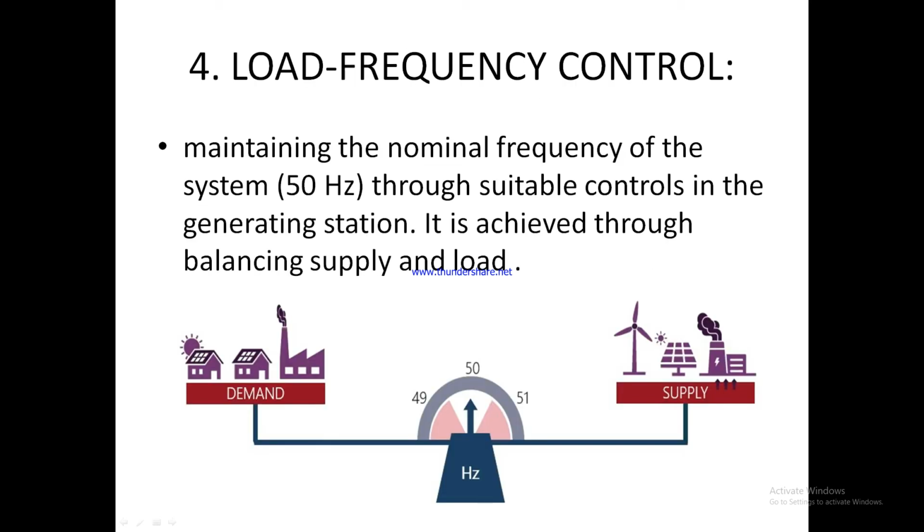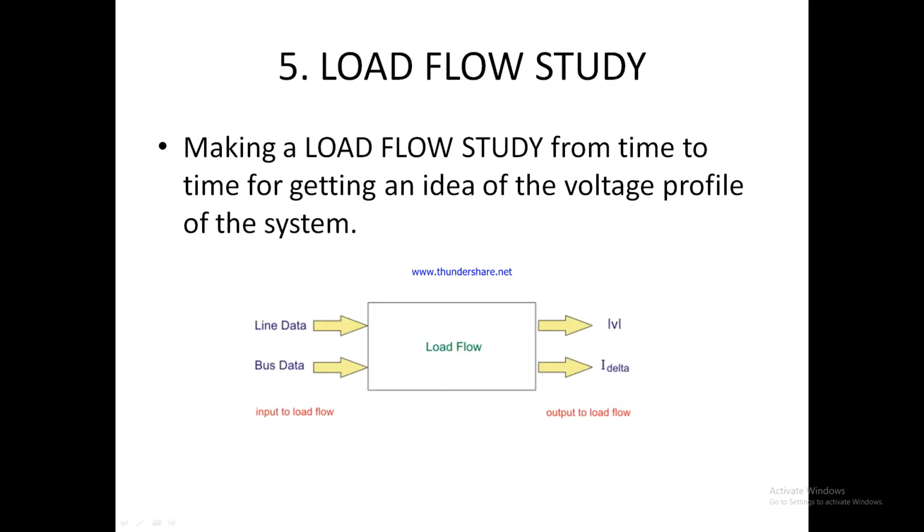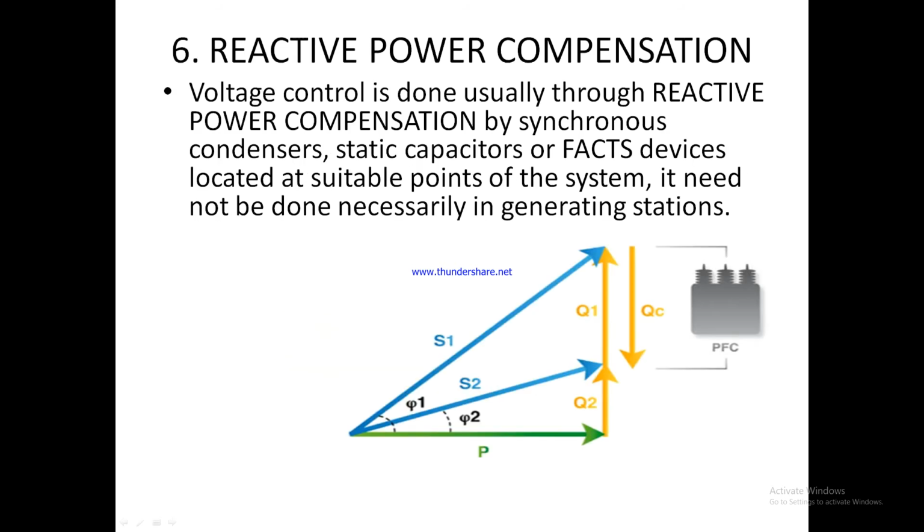4. Load frequency control: maintaining the nominal frequency of the system, 50 Hz, through suitable controls. It is achieved through balancing generation and load. 5. Making a load flow study from time to time for getting an idea of the voltage profile of the system. 6.